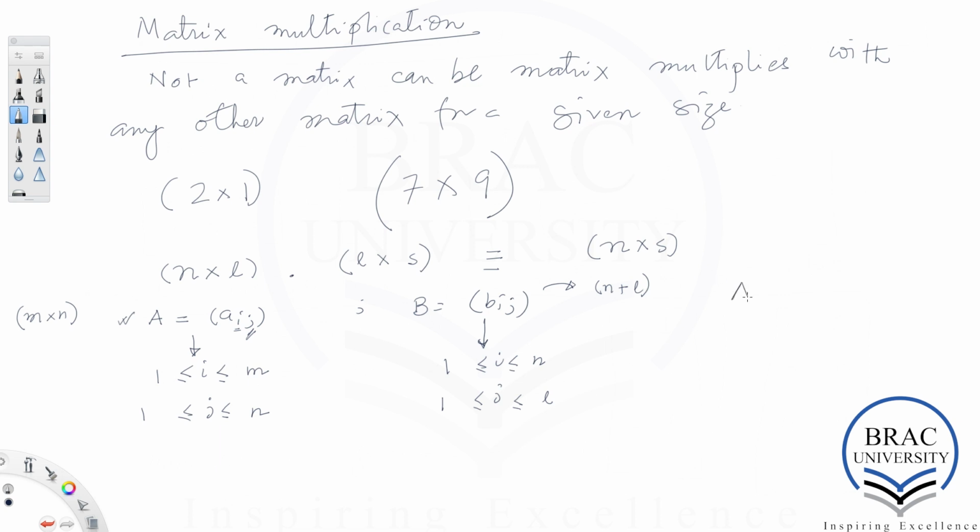So A times B will be a new matrix called Cij, where Cij is equal to the sum of the following products: Aik Bkj, and k runs from 1 to n. Okay, so these are the entries of this new matrix Cij.